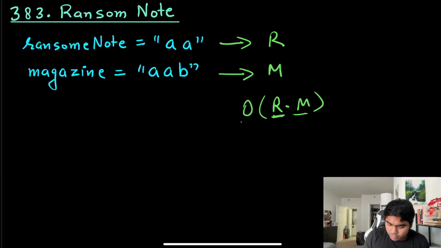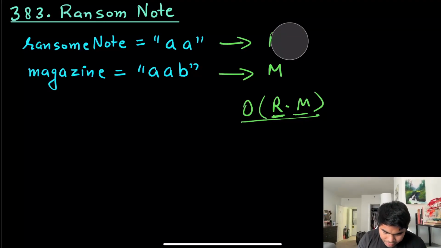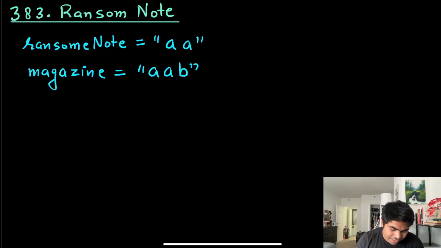Now this doesn't have any space complexity, right? Or maybe it does. We will need a way of storing which characters have already been used. But that was just to tell you the brute force way of solving this.